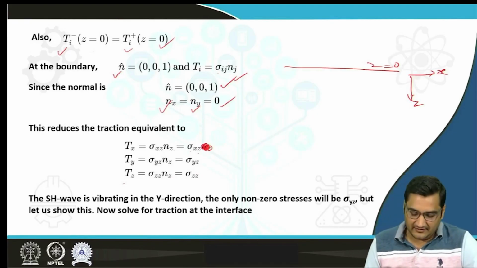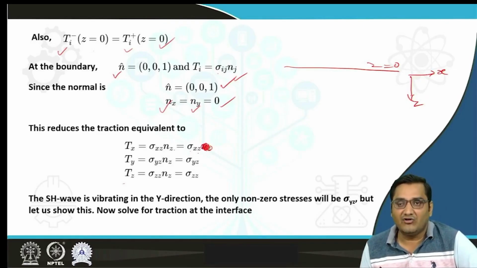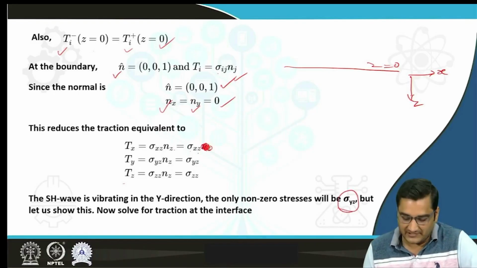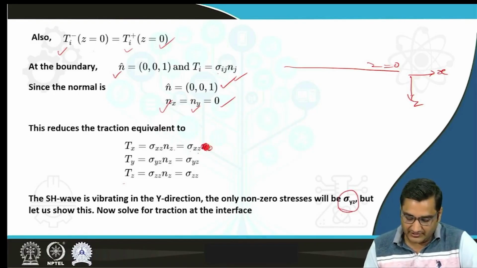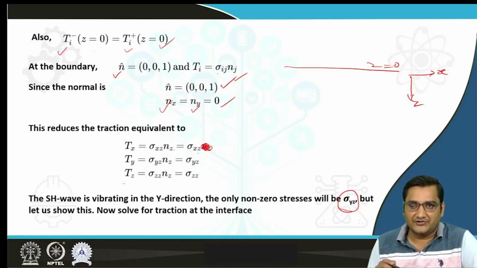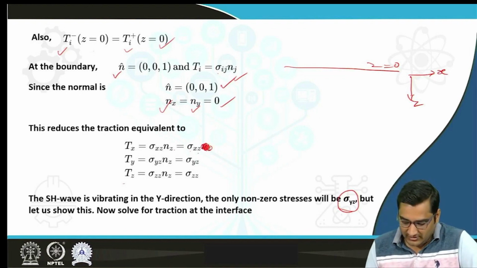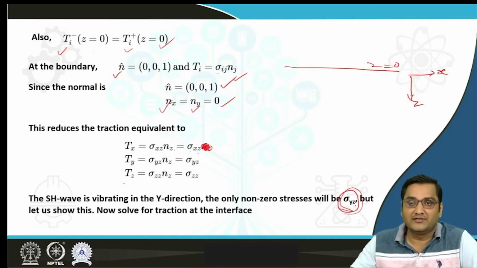So basically the SH wave is vibrating in the y direction. The only non-zero stress will be sigma yz. But let us show this and now solve for the traction at the interface. So let's see how this traction will have the non-zero stress only along the y direction, and that is sigma yz.